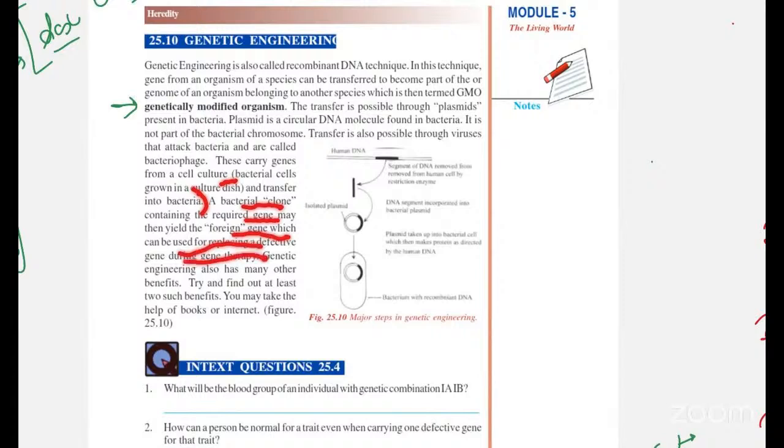For example, if a child has a problem in the adenine and thymine part, and the father has the normal gene in that place, they will take adenine and thymine from the father, put it into the bacteria, recombine it, and then send it to the child, replacing the defective gene of adenine and thymine in the child.